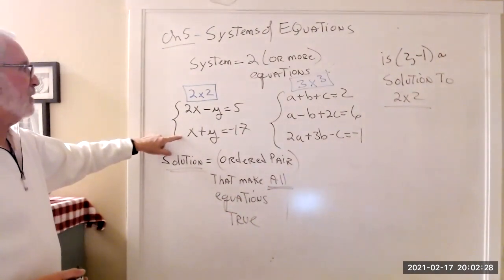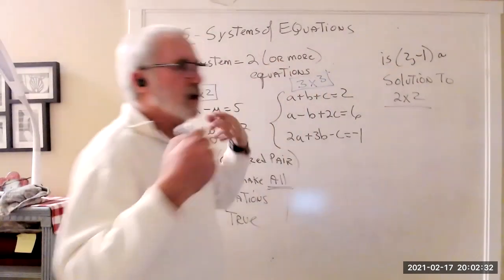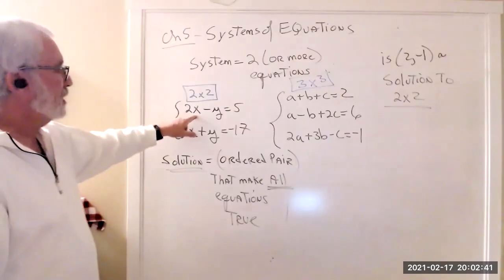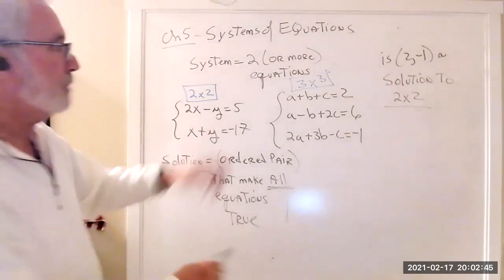Okay, and I've given you the ordered pair 2 comma negative 1. Is it a solution? No. How do you know? It doesn't work with negative 17. Okay, good. It works in the top one. It's okay in the top one. Okay, that's why I picked this problem.